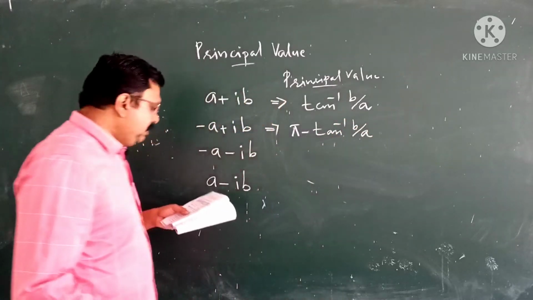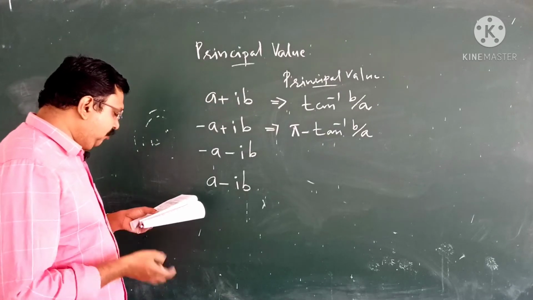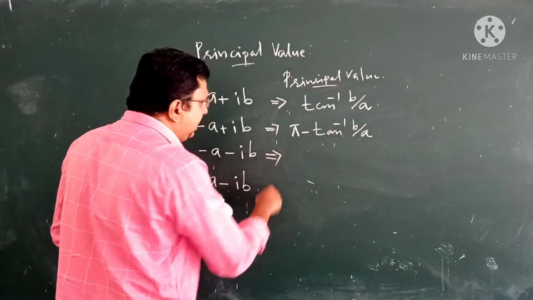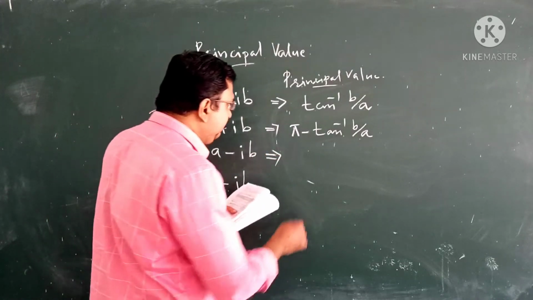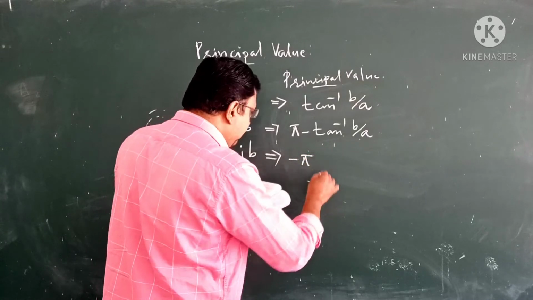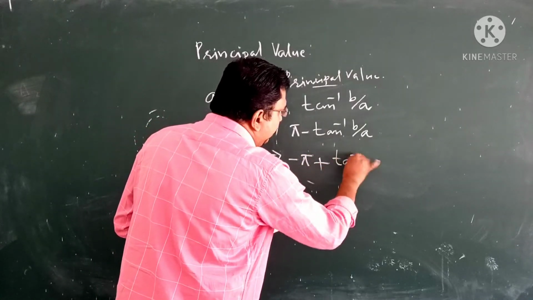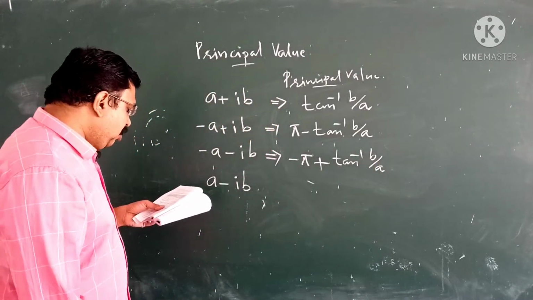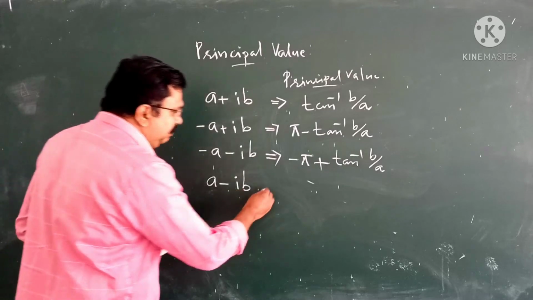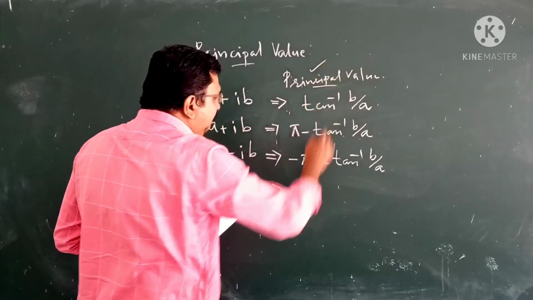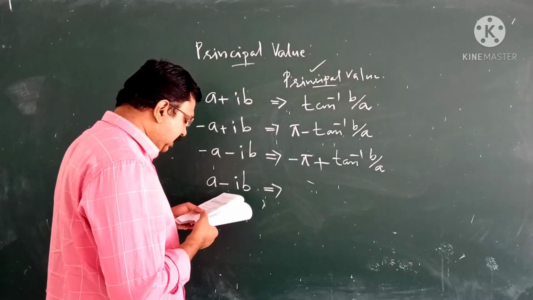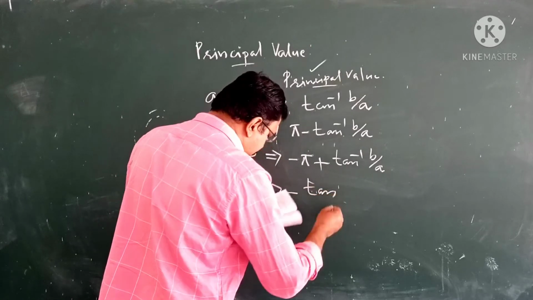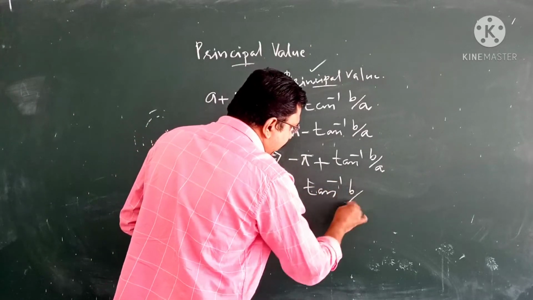Okay, and if the complex number is of the form minus a minus ib, then the principal value can be calculated by using the equation minus pi plus tan inverse b by a. And the last one is, if the complex number is of the form a minus ib, then the principal value can be calculated by using the equation minus tan inverse b by a.